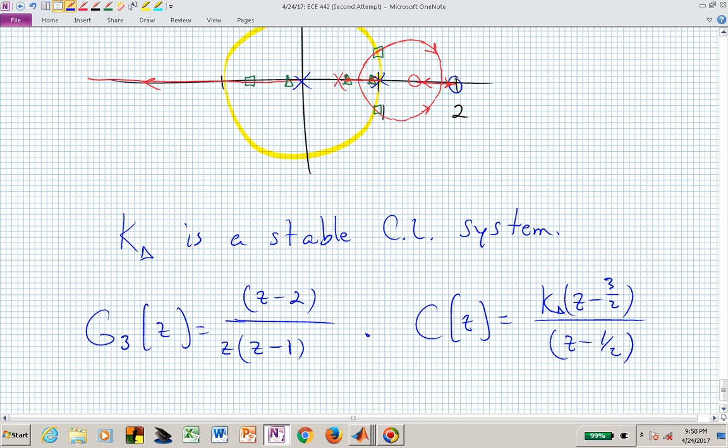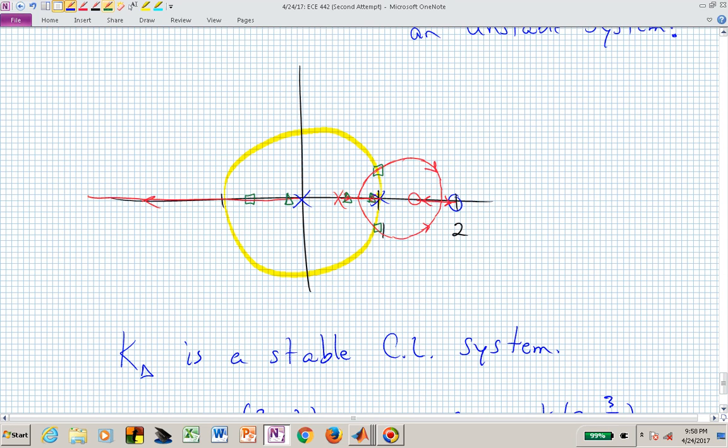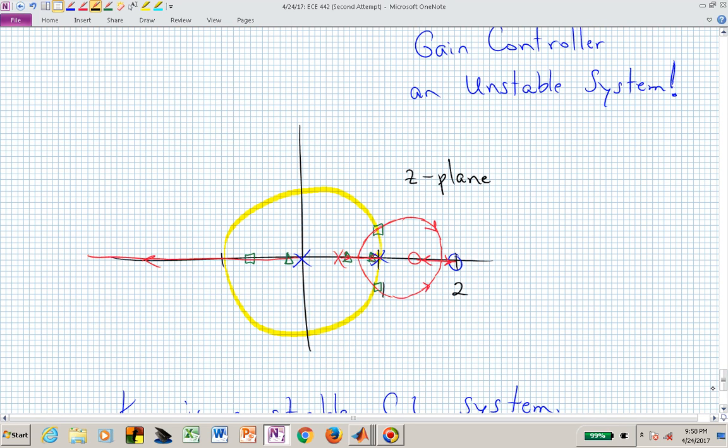So I want you to realize that it's many times beneficial to introduce poles and zeros outside the unit circle, but we cannot cancel poles and zeros outside the unit circle.